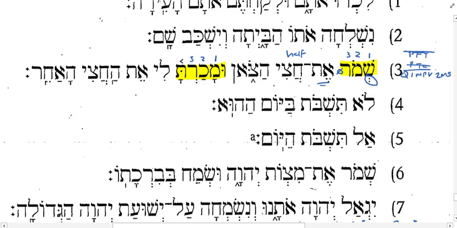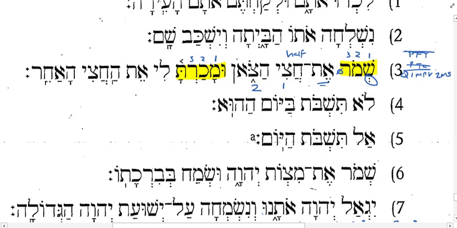And if so, what would make it definite? Okay, I'm hearing something about the following word, but when does the following word matter? If this is in a construct chain, that's right.